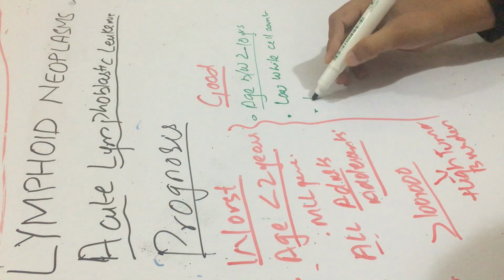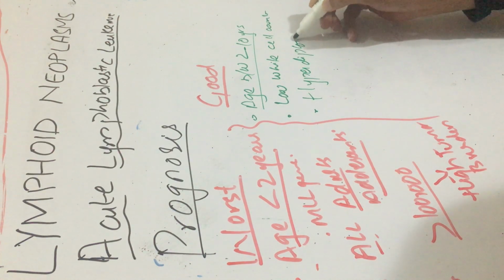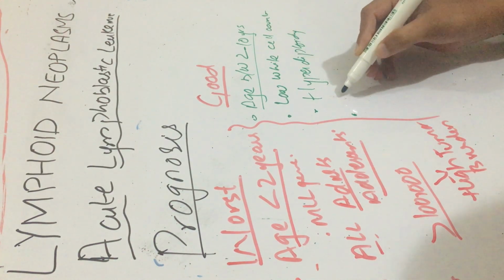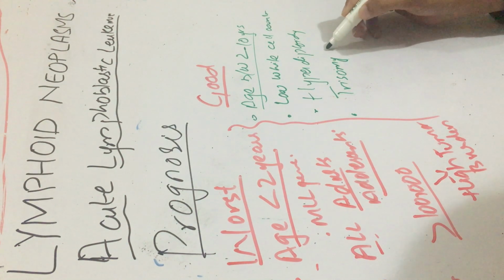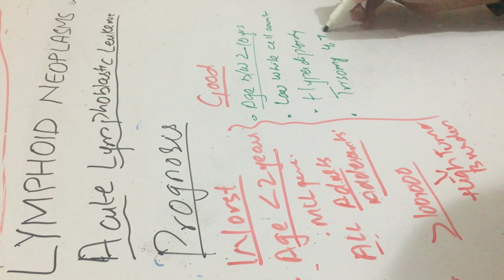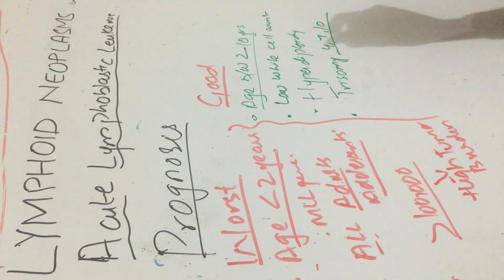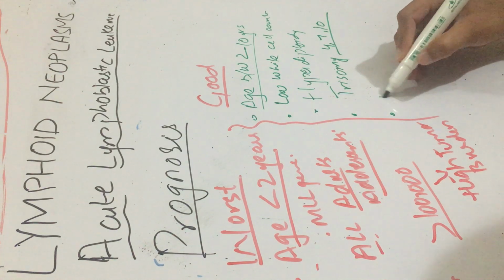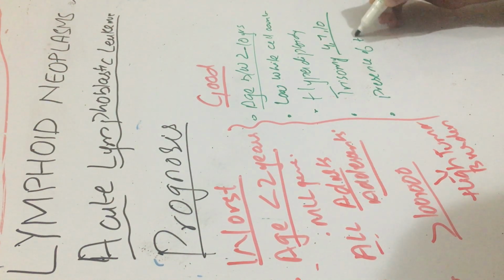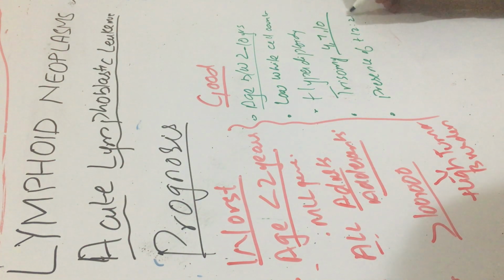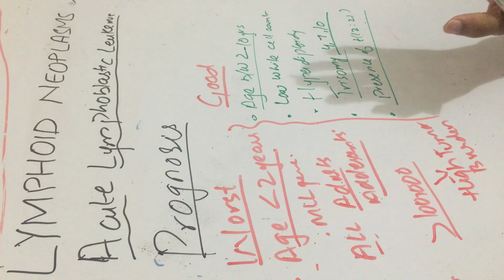And the third condition is hyperdiploidy, or if the patient has trisomy of chromosomes 4, 7, 10. If there is a trisomy and if there is the presence of translocation 12 to 21, all these patients have a good prognosis.